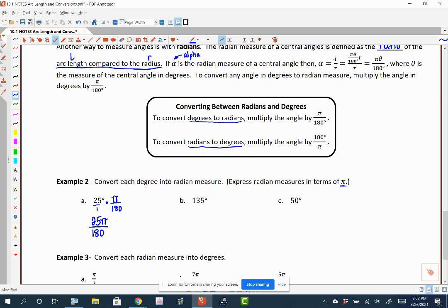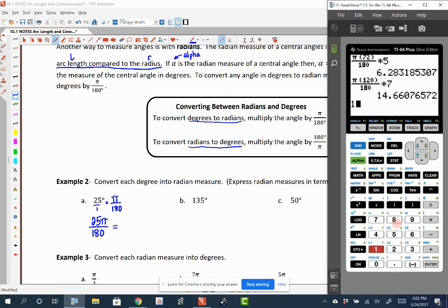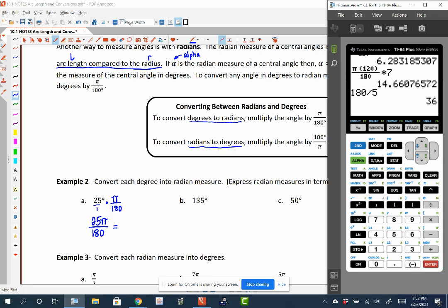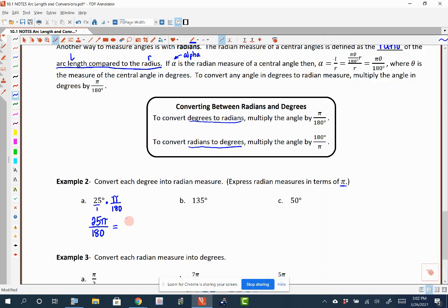Now, I want to leave pi there, but I can simplify the coefficient in front of pi with my 180. I'm pretty sure that's at least divisible by 5. 180 divided by 5 leaves me with 36, and 25 divided by 5 is 5. So this simplifies to 5 pi over 36.